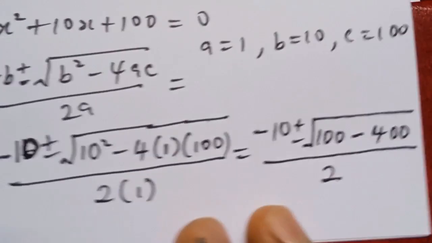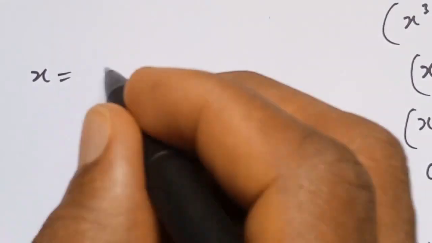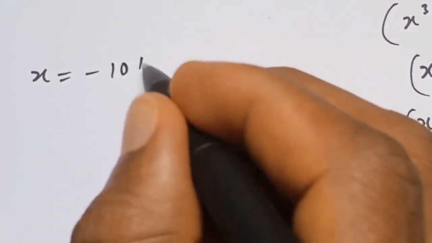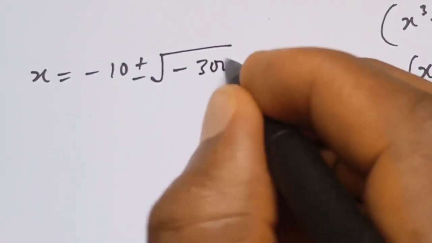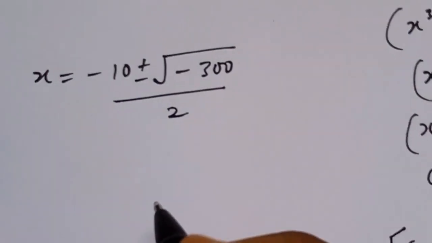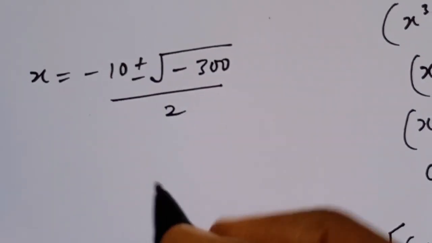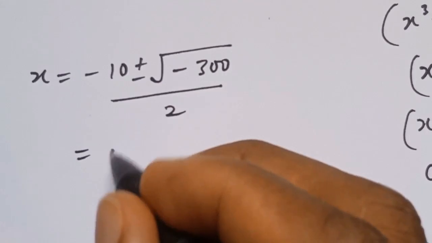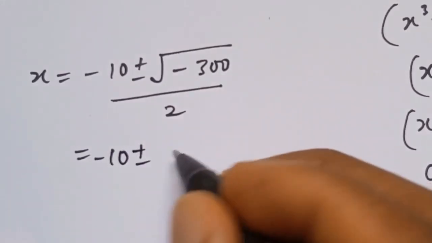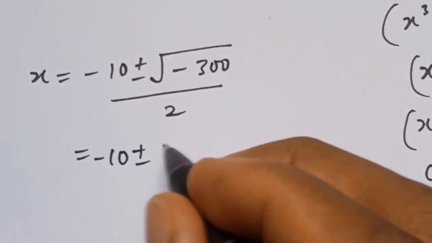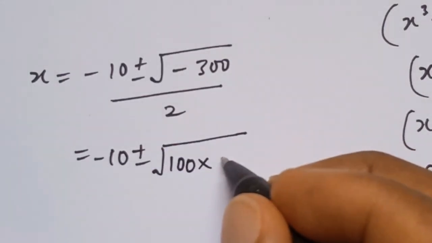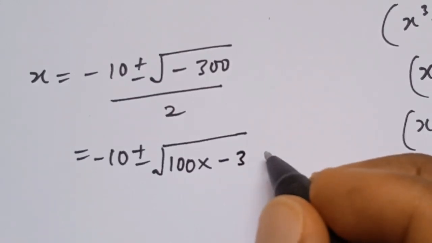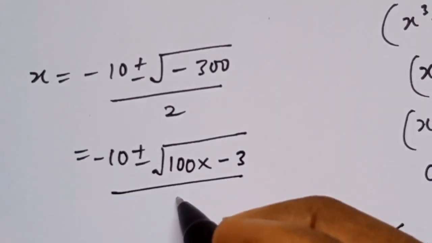So from here, x becomes equals to minus 10 plus or minus square root of minus 300 over 2. That can be expressed as minus 10 plus or minus square root of 100 multiplied by minus 3, over 2.